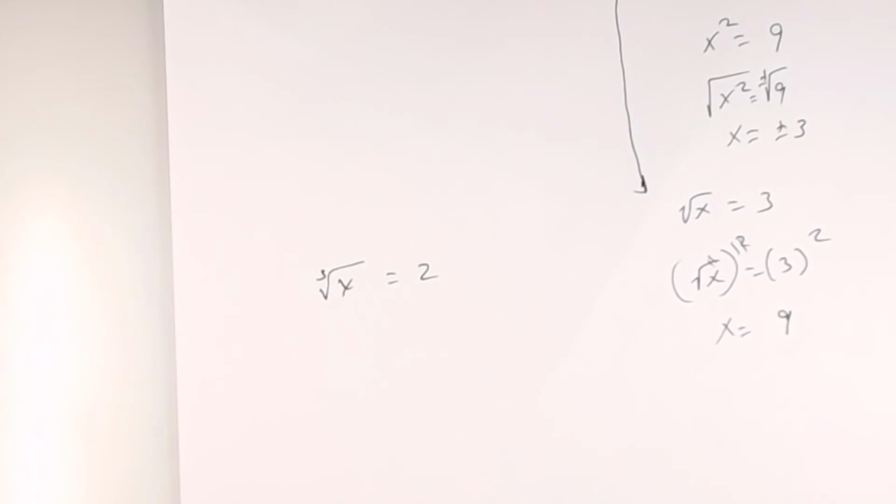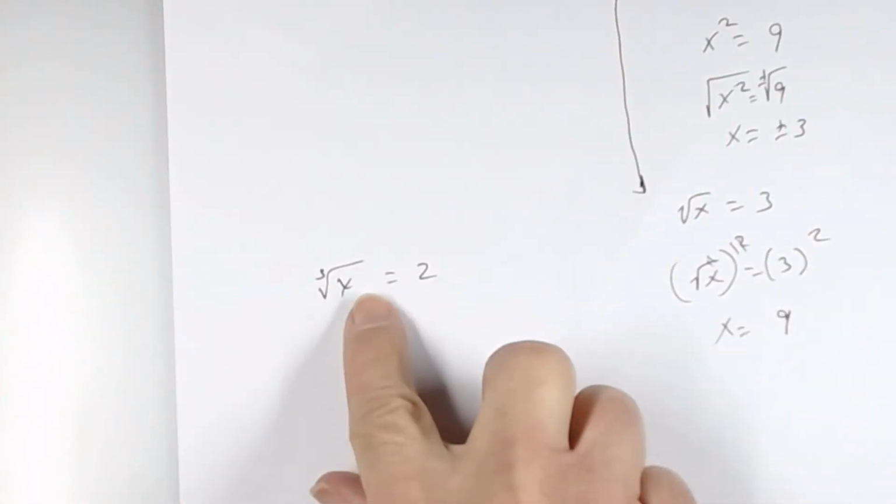And how can I get rid of that cube root? Raise it to what? Third power. The opposite of cube rooting is what? Cubing. So I want you to look at the connection between this one and this one.